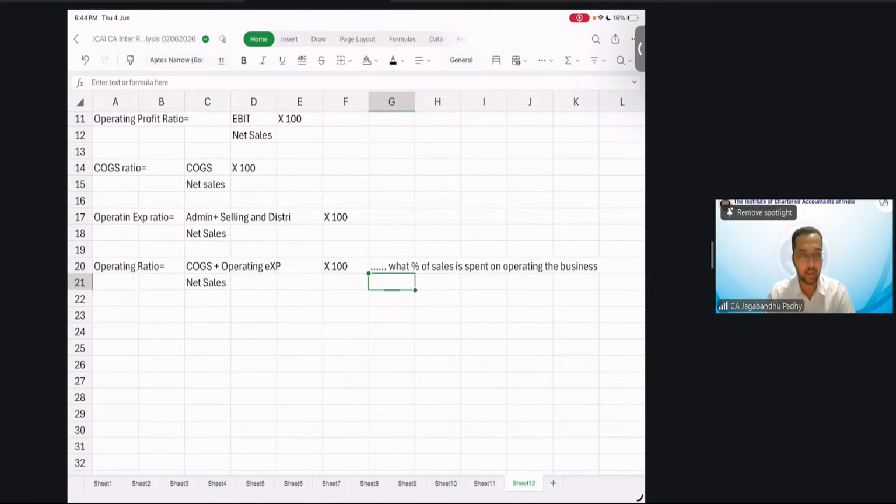Okay, so that's your operating ratio, guys. So these are some of the P&L ratios that we have.